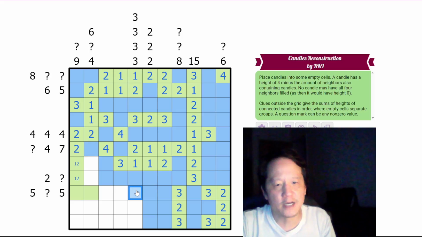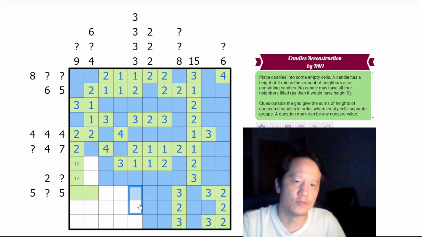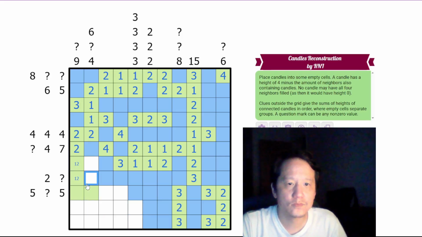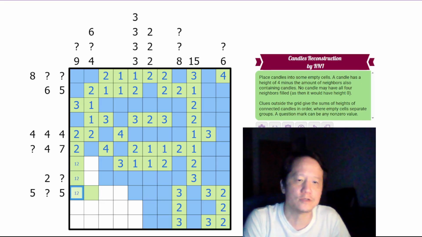So this is not in a region. We have to have a 4. Okay, so this has 2 cells with neighbors, so it's 1 or 2.